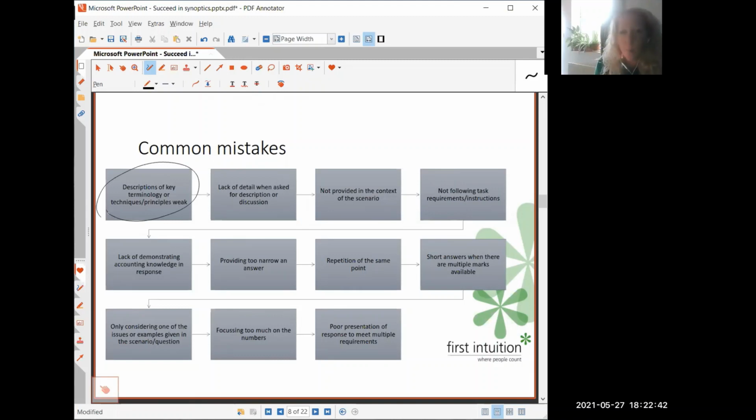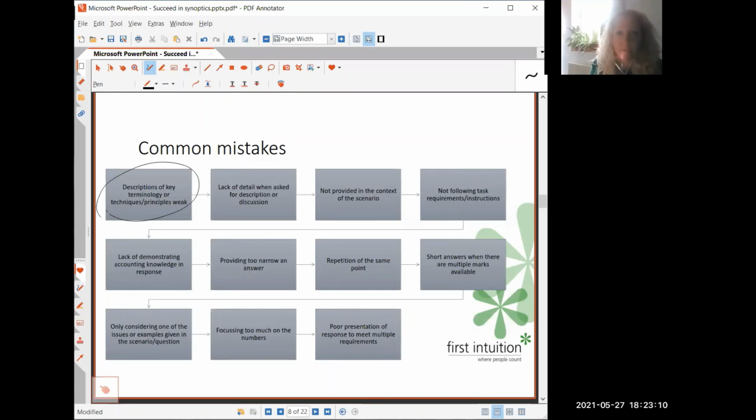Tell me if you get what I'm telling you, and really go through your course notes for that unit and look at the terminology, the techniques, the principles, and have a go at explaining them to that person and see if they can understand, describe them, make them understand.